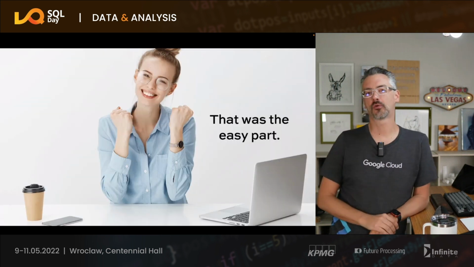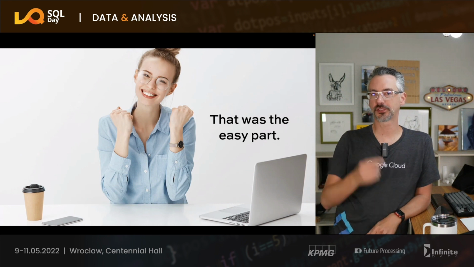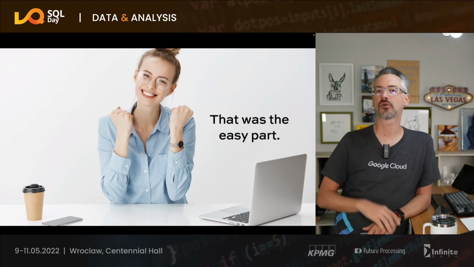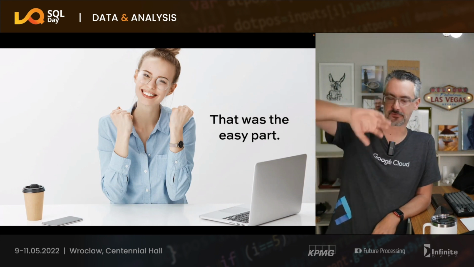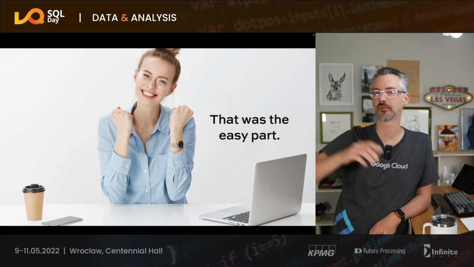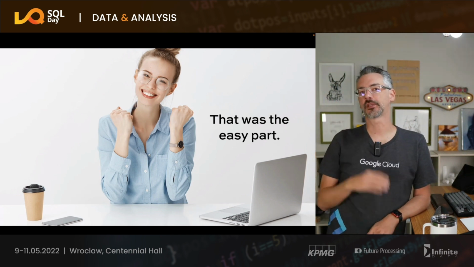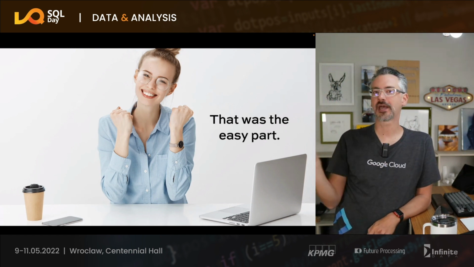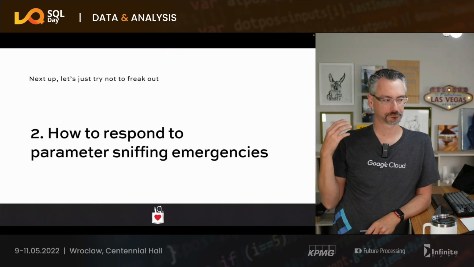That is what parameter sniffing is. SQL Server sniffs the first parameter that gets used after a restart, after index rebuilds, after updating statistics, after a cluster or availability group failover, and SQL Server uses that plan until that next event happens.